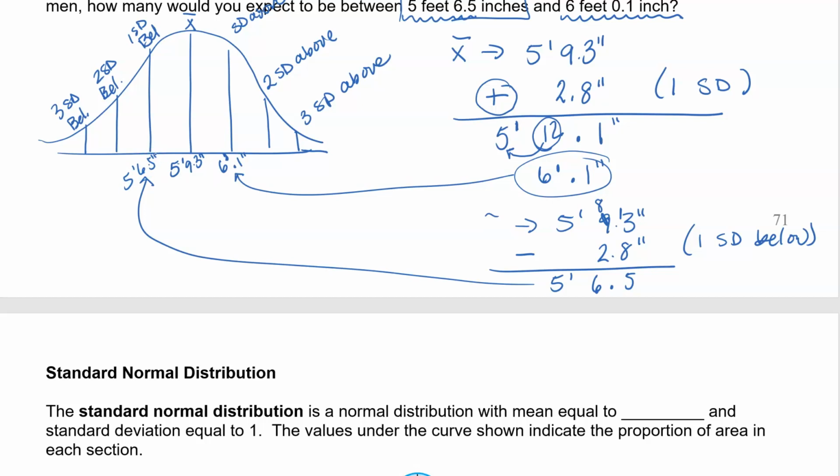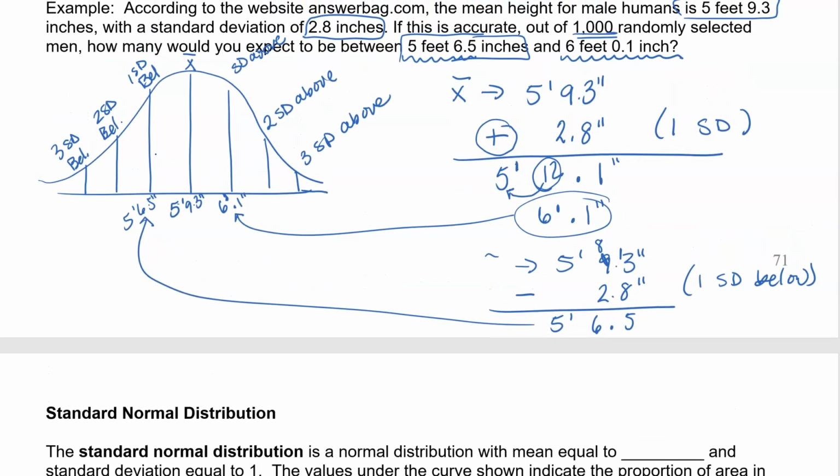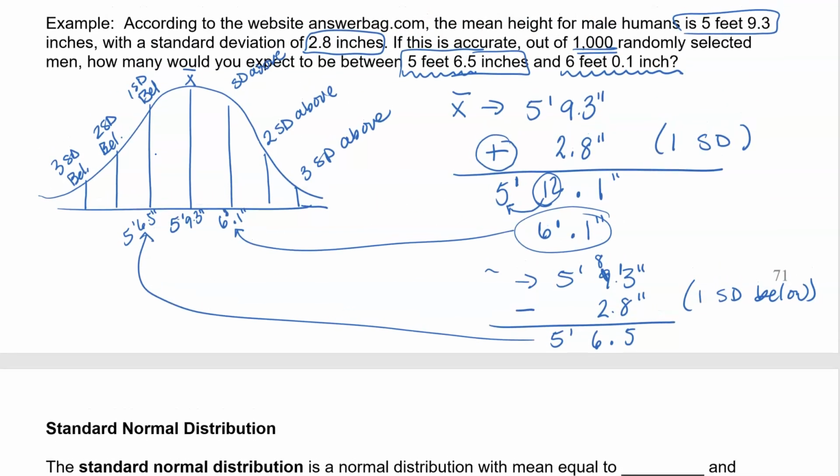So you'll find a lot of times in these beginning problems, the numbers that you're asked about will lie exactly on one of the standard deviation lines. And we want to know how many would you expect to be within that range? So how many would you expect to be within these two numbers? On the picture, we're looking for this region. We want to know how many are in between those two numbers.